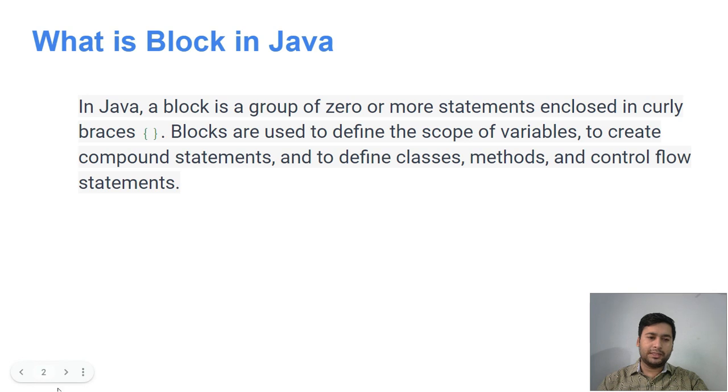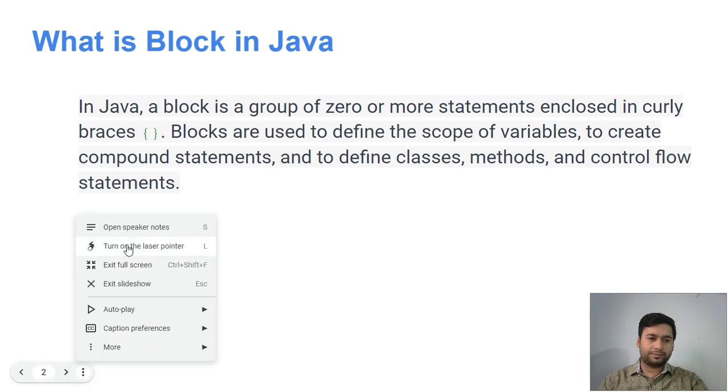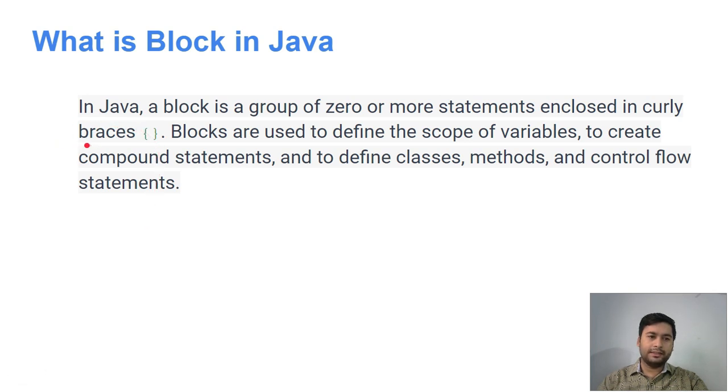Are you able to see these curly braces? Inside the group you can put zero statements, meaning lines of code, zero or more than zero, and you can write code inside this block.